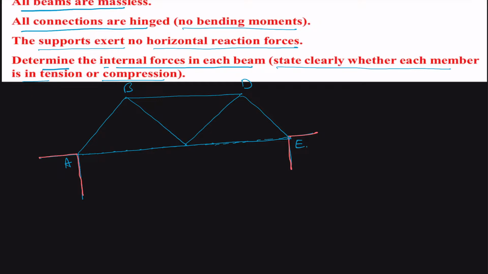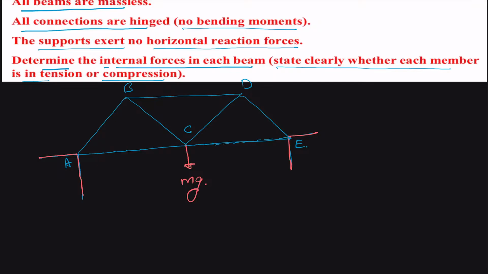And we are given that a car of mass m is at the central beam. Okay. So we have a car, and therefore it will be mg in the downward direction.